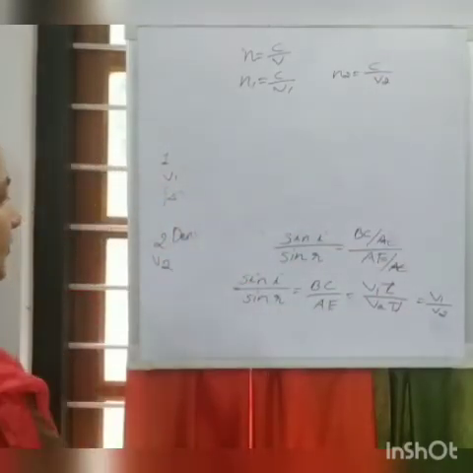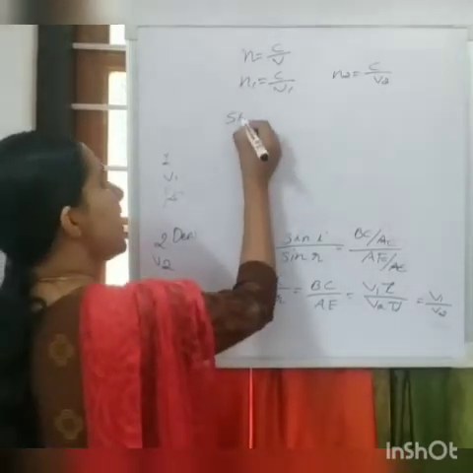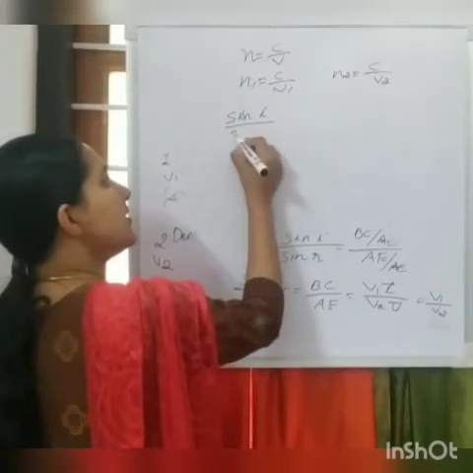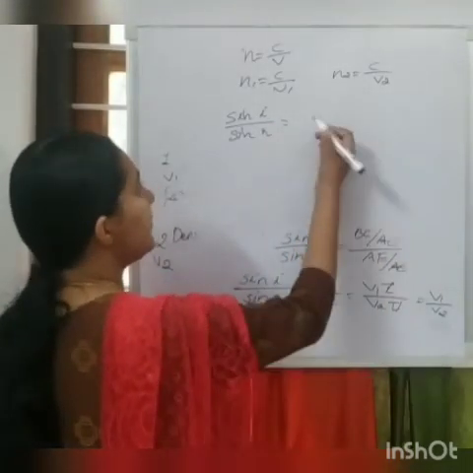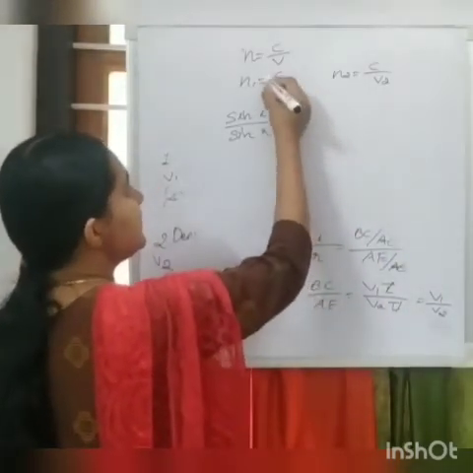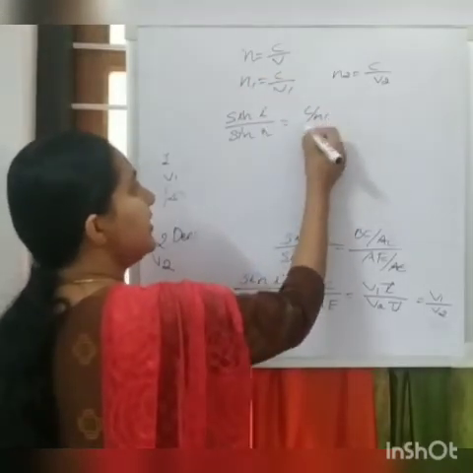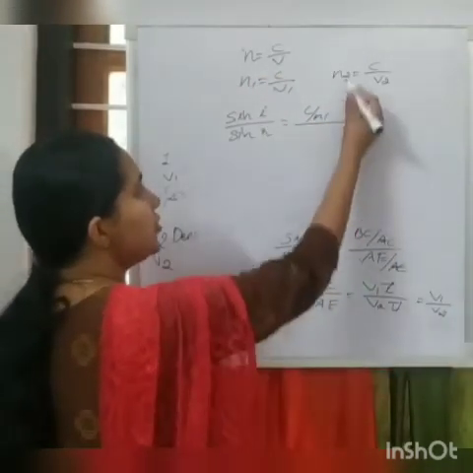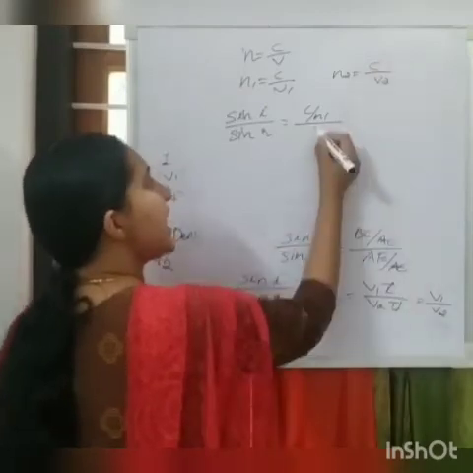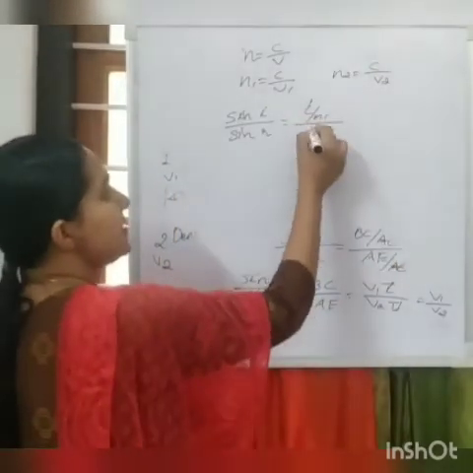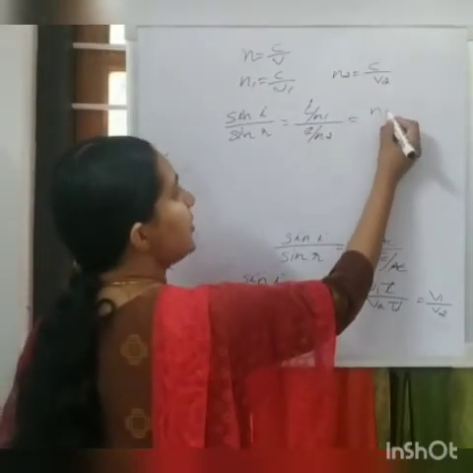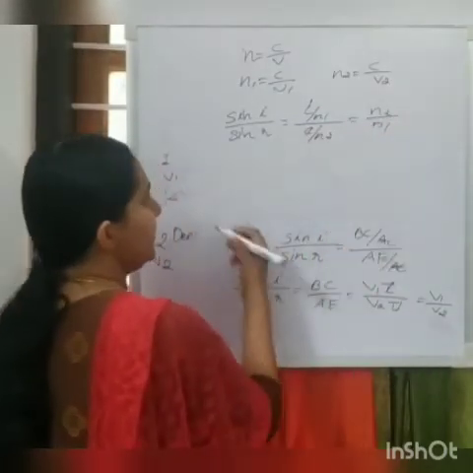Okay, now we can substitute that. Sin I by sin R equals V1 by V2. What is V1? C by N1, divided by, what is V2? C by N2. So C and C will cancel, which is equal to N2 by N1.